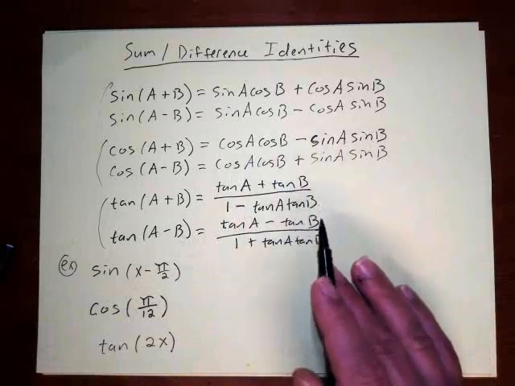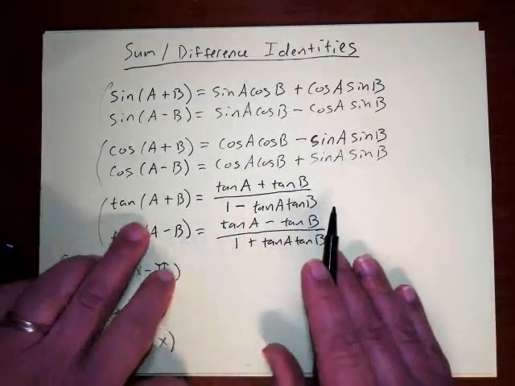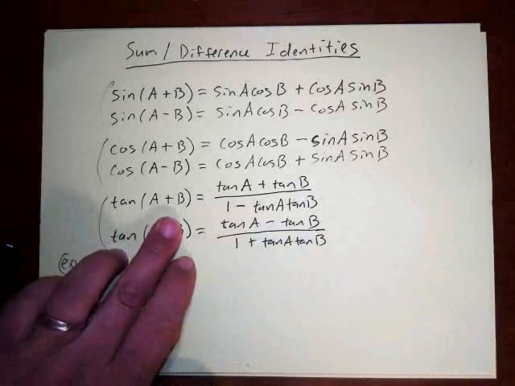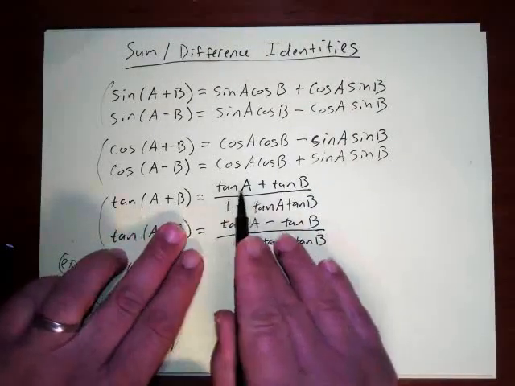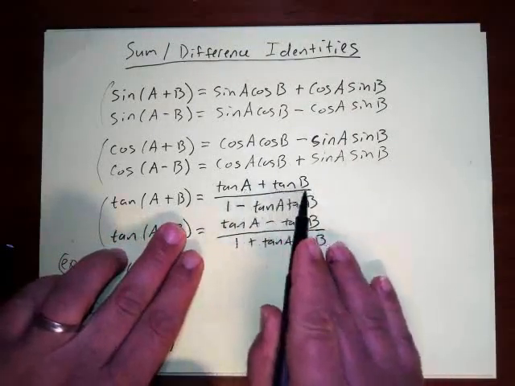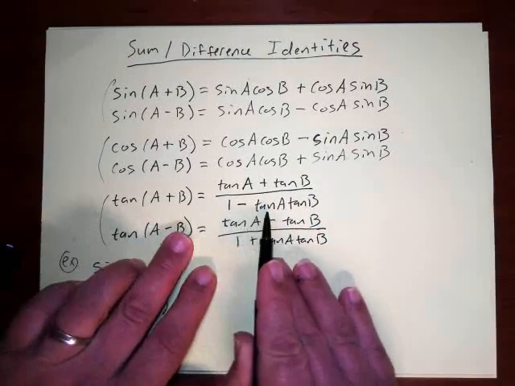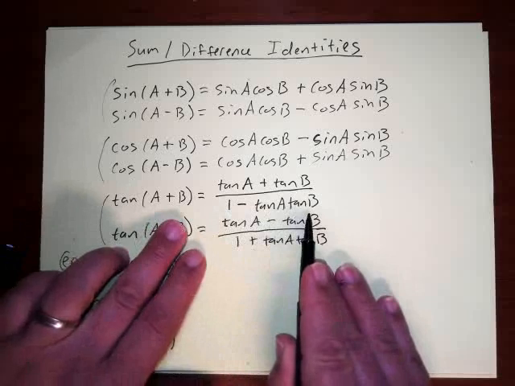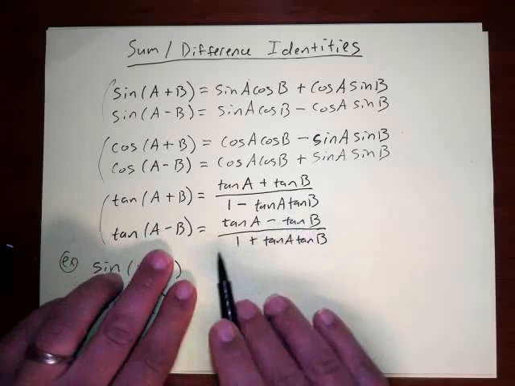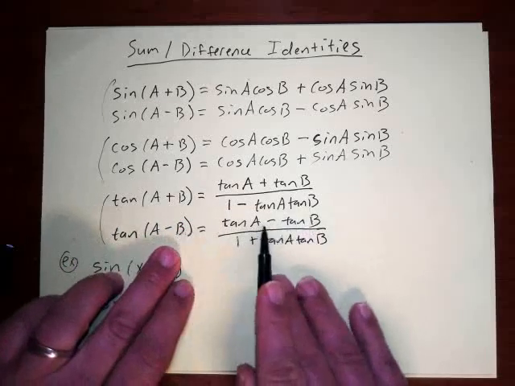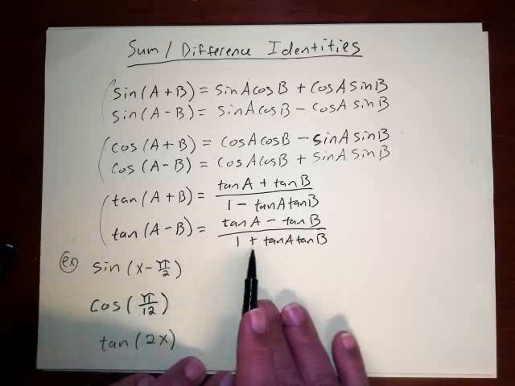And then the tangent is a pretty complicated expression, but basically if you have tangent of A plus B, you can break it apart on top, tangent A plus tangent B, but then you have to divide it by 1 minus tangent A times tangent B. And for A minus B, this will be minus up here, but that'll be a plus down there.